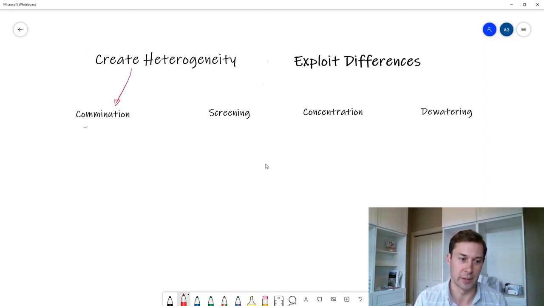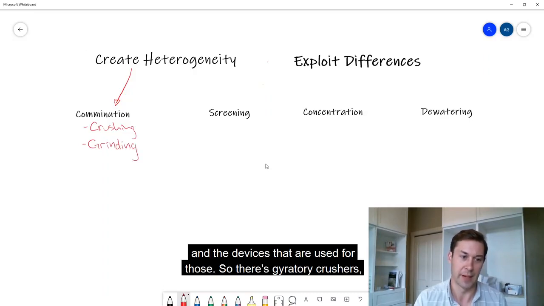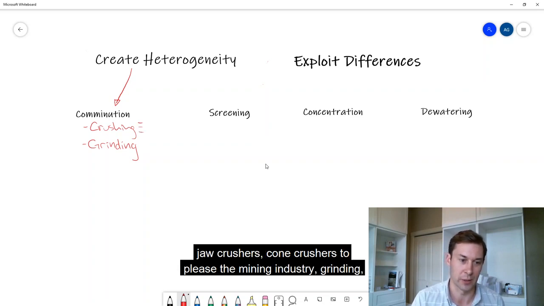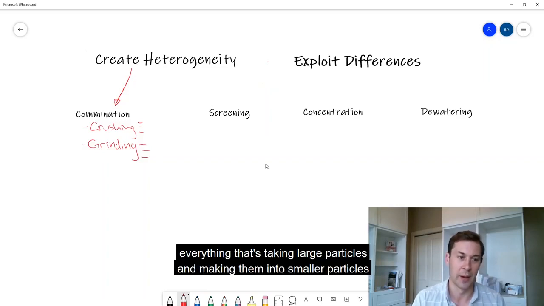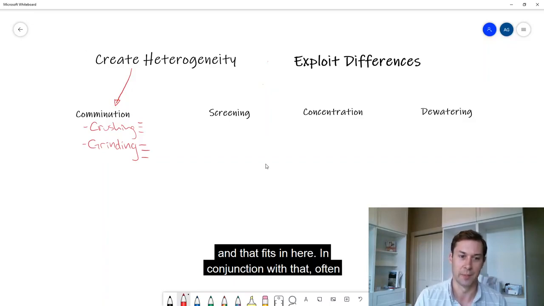So this is crushing, grinding, and the devices that are used for those. So, there's gyratory crushers, jaw crushers, cone crushers, typically used in the mining industry, grinding, SAG mills, ball mills, HPGR, everything that's taking large particles and making them into smaller particles, and that fits in here.